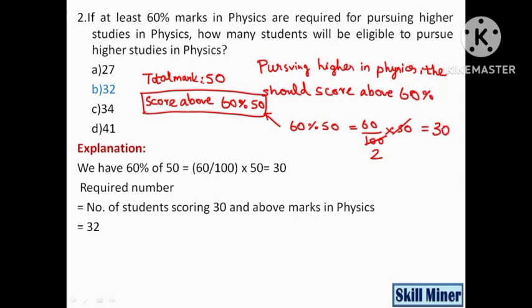So out of 50, he needs to score 30 plus to pursue higher studies. Now we come to the question, how many students will be eligible to pursue higher studies in physics? The students who are above 30 marks are eligible to pursue higher studies in physics.